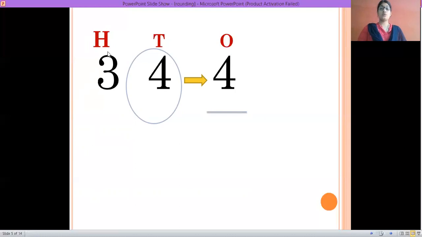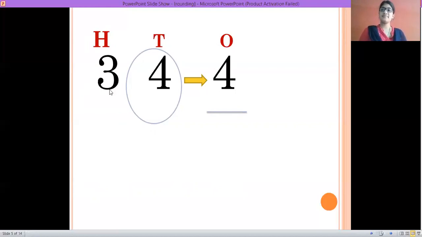Yes? So now if this digit, the digit to the right of our rounding digit, is less than 5, we will not change our rounding digit. We'll write it the same. We'll write the other digits towards the right hand side of this rounding digit as zeros. We replace them with zeros. Then what about the digits on the left hand side?